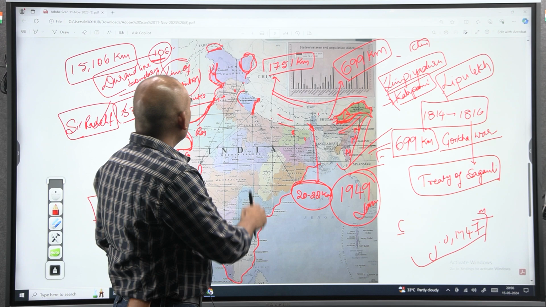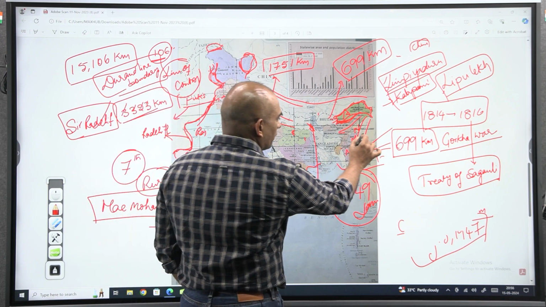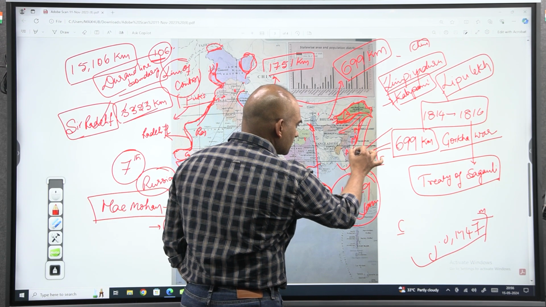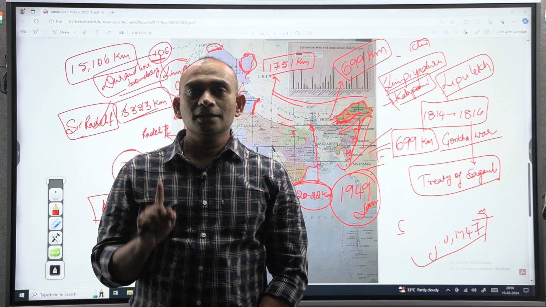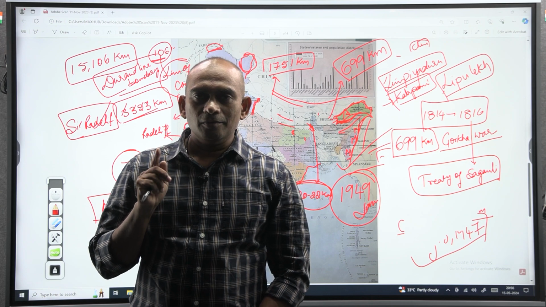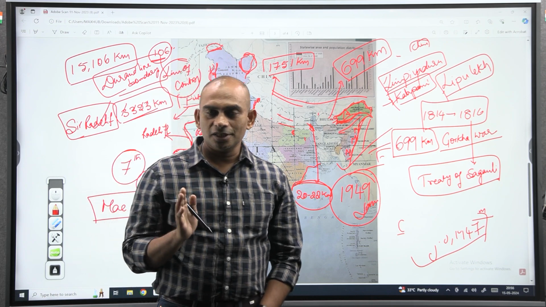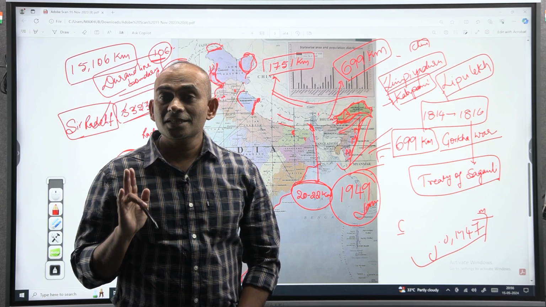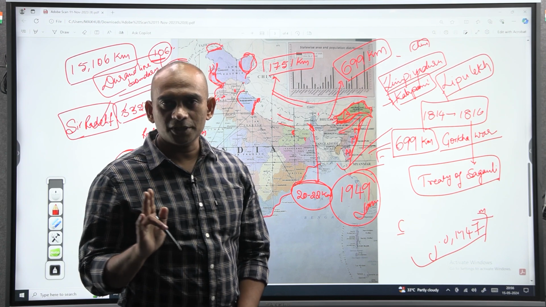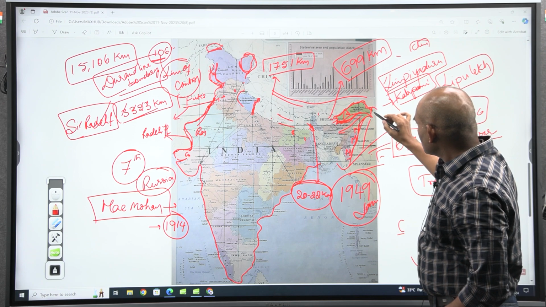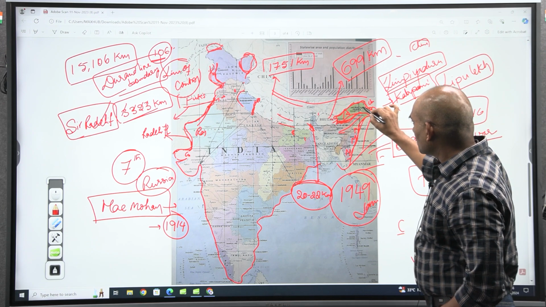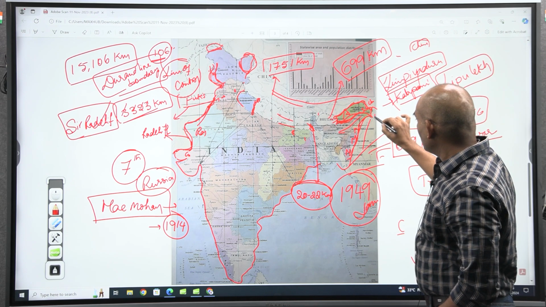So now look at here. We have to look at this particular Myanmar. Myanmar is another international border which India is sharing, that is 1643 kilometers. Now look at this tri-junction. This is China, this one is India and this one is Myanmar.